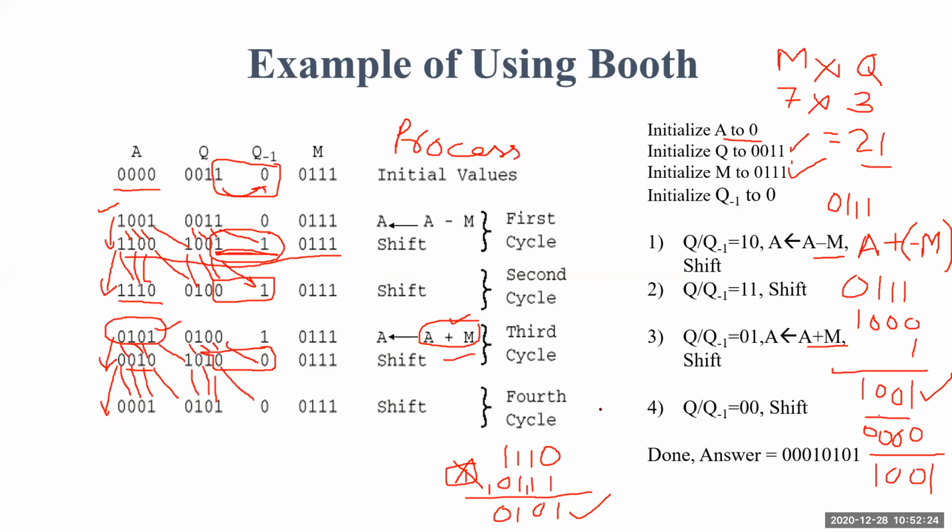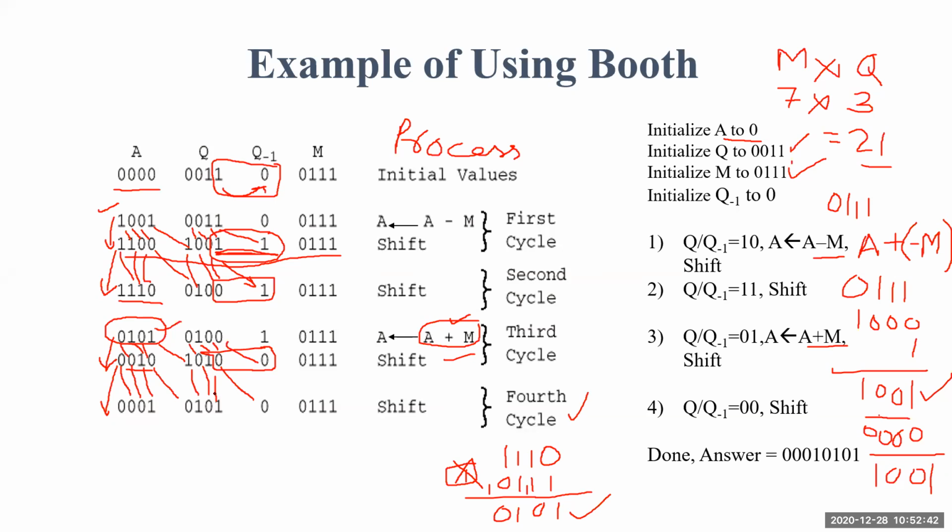Now we have completed the 4 cycles. Since it is a 4-bit number, we have completed the 4th cycle. So now you can wind up the operation of Booth algorithm, and you can check what your answer is for this particular Booth algorithm.